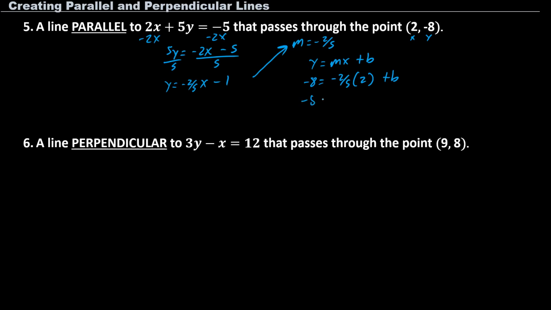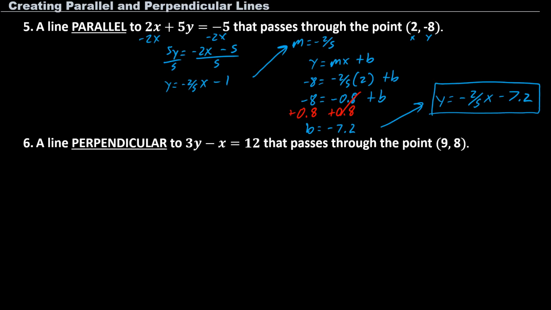So negative 8 is equal to, and when we multiply this, we get negative 0.8 plus b, which we add to the other side, which means b is equal to negative 7.2. So y is equal to negative 2/5 x minus 7.2.